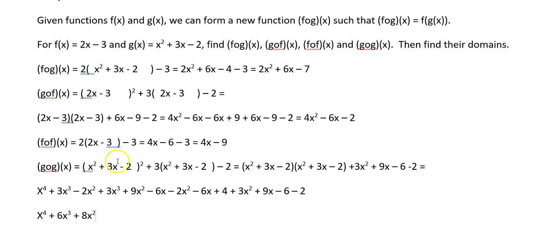All right, so that's all of our x squared. So let's see about our x's. We now have negative 6x, and negative 6x is negative 12x. Plus this 9x is negative 3x. All right, and now let's just add all of our constants. We have a plus 4 and a negative 6, that's negative 2. Minus 2 gives us minus 4. And that ugly thing is our g composed with g.